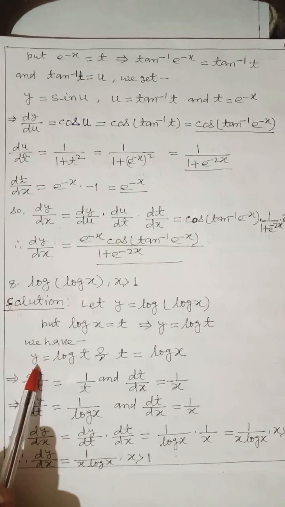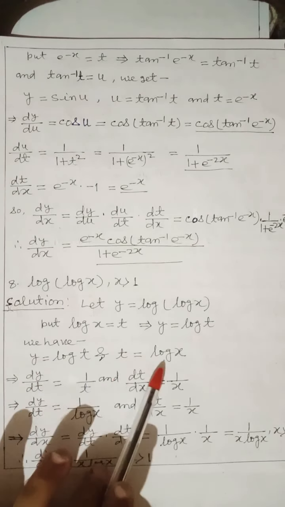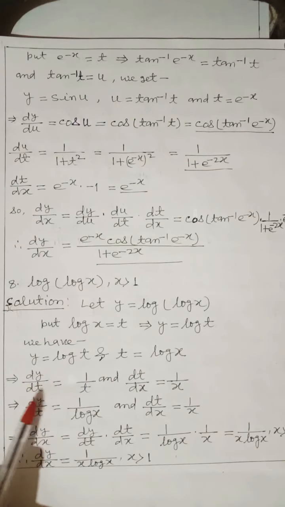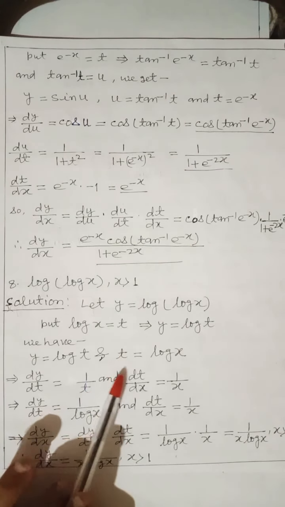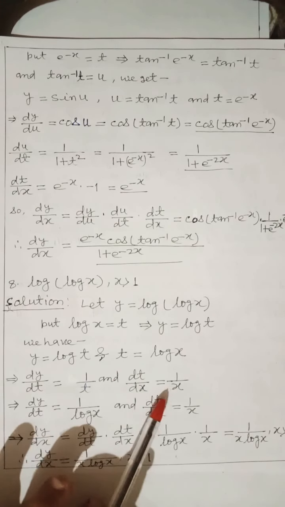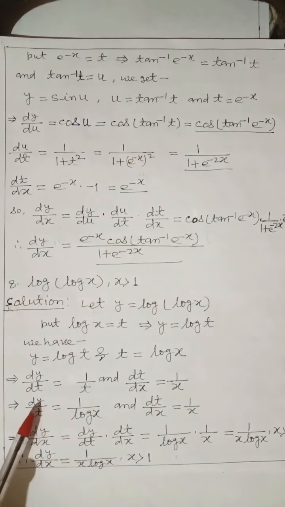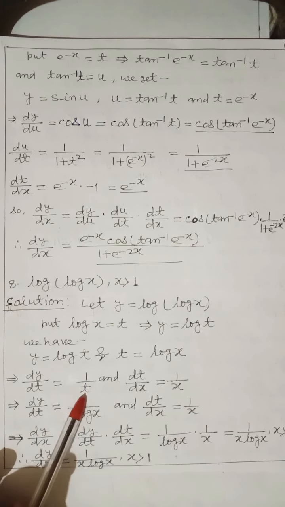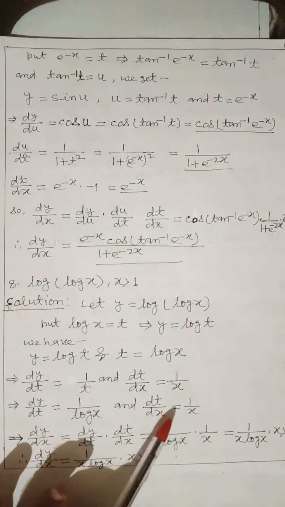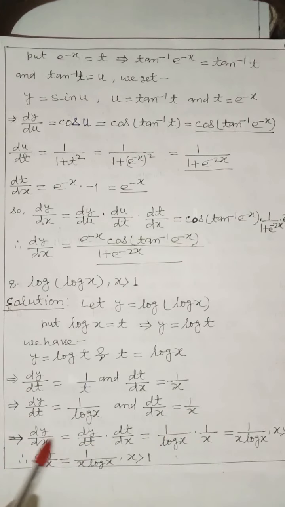Differentiating with respect to t, we get dy by dt equal to 1 by t, and t is with respect to x, so dt by dx is equal to 1 by x. Dy by dt is equal to 1 by log x, putting the value of t from above, and dt by dx is equal to 1 by x.